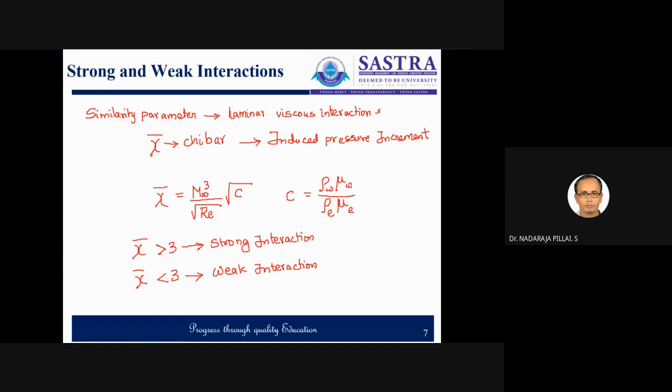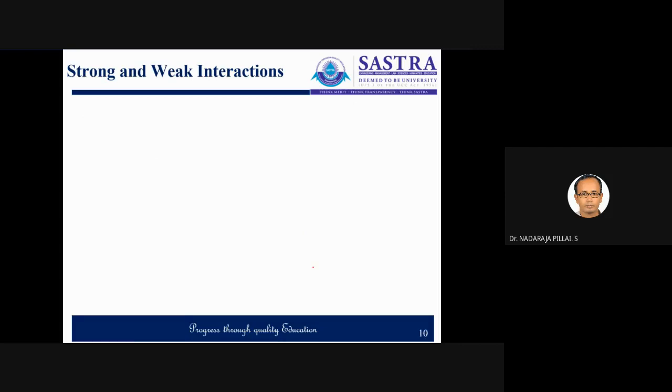Here we emphasize the major consequence of viscous interaction, that is the creation of an induced pressure change, or induced pressure increment, which is substantial. The actual pressure ratio P by P infinity along the surface of the flat plate lies considerably above the inviscid flow value of unity.